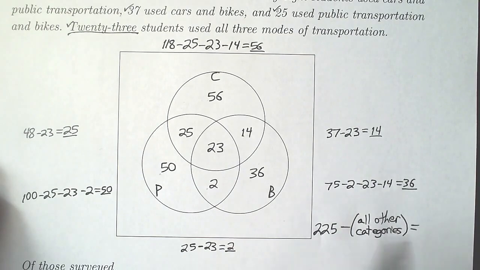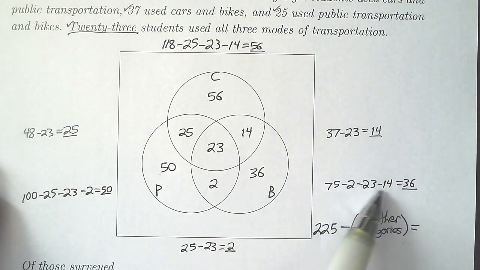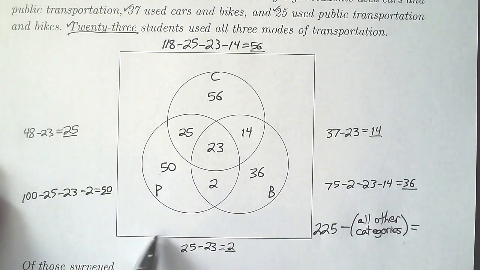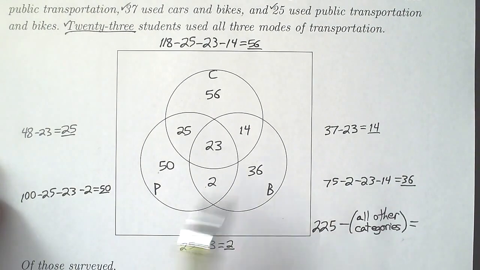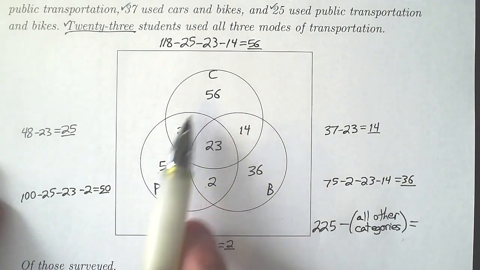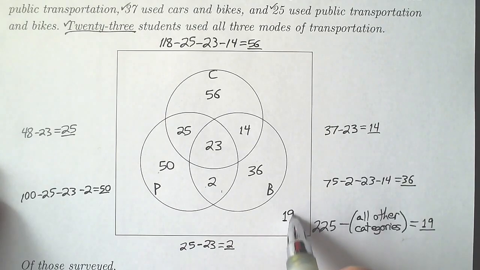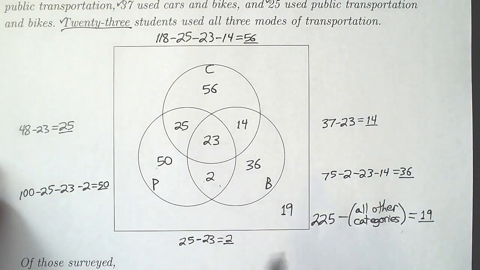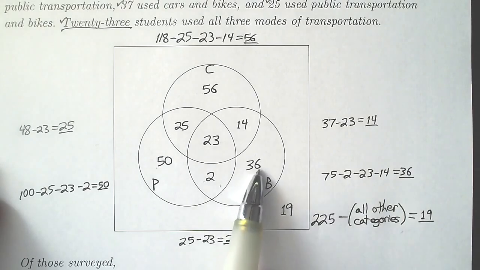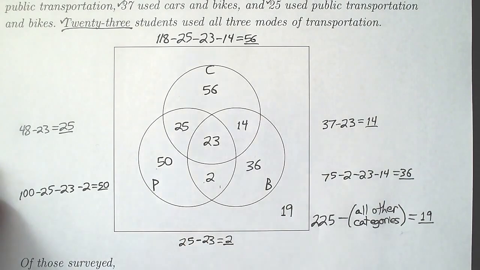Just like we've been doing a big number minus small numbers, right? We have to do that here as well. If you do 225 minus all of these categories, you should get 19. I did that on a calculator already. I got 19. Now, if I add up all of these numbers, it should add up to 225.